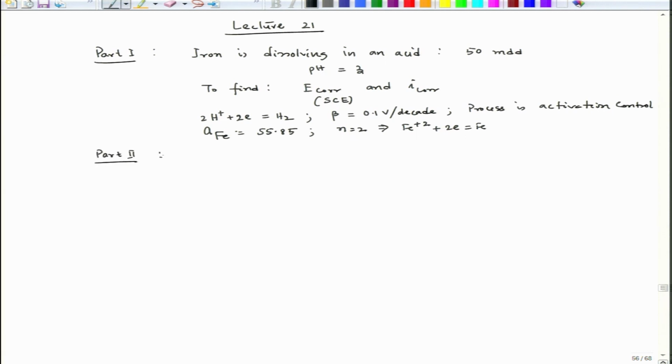will start with passivation, understanding passivation and mixed potential theory associated with passivity.